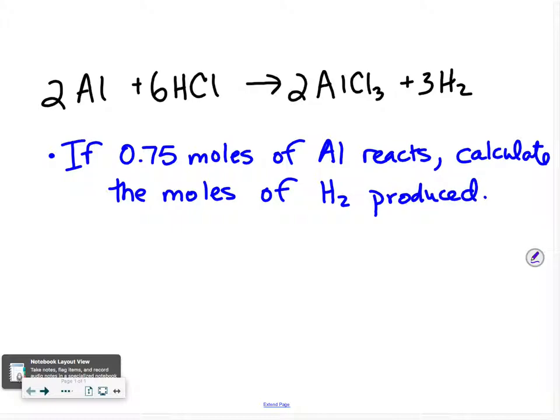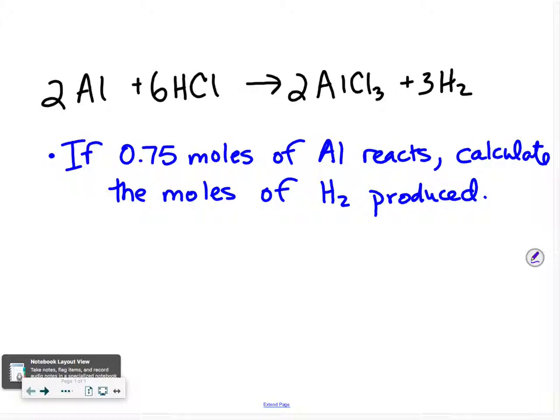All right, so if 0.75 moles of aluminum reacts, calculate the moles of H2 produced. All right.